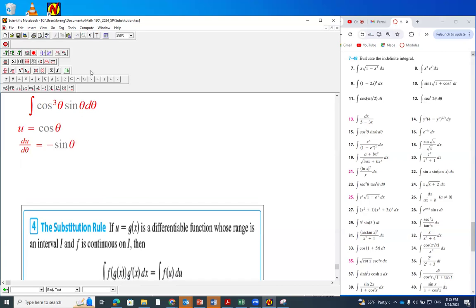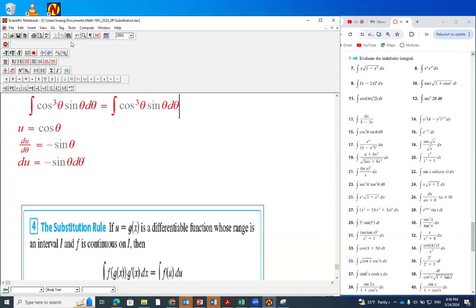And so as a result, du equals negative sine theta d theta. And we have sine theta d theta already, so you just put a negative sign in front of it.